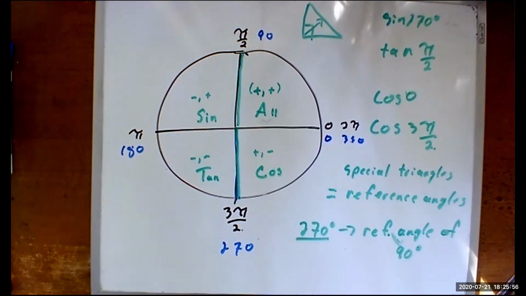So 270 degrees tells us, well, it's right on the border, but either way, it's either in the third or the fourth quadrant, which means that sine is negative. Because our sine is negative, our answer ends up being negative 1.